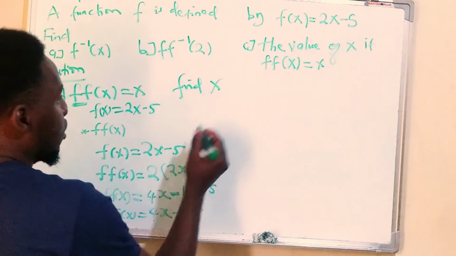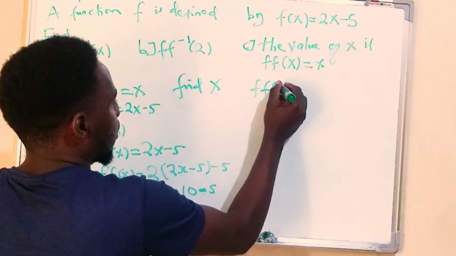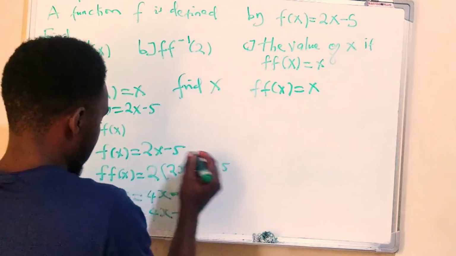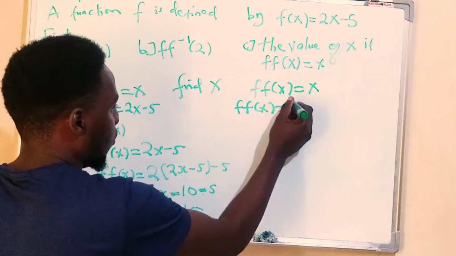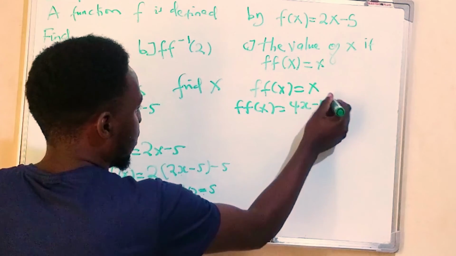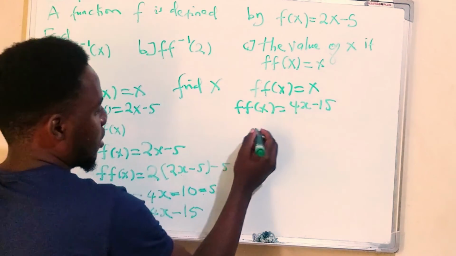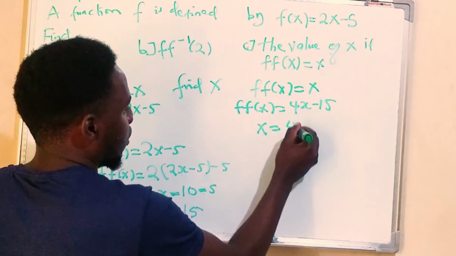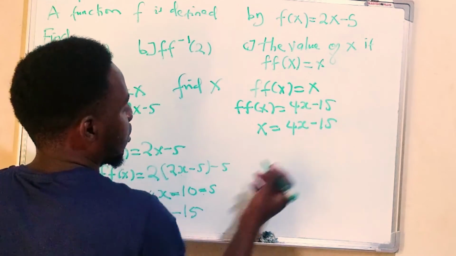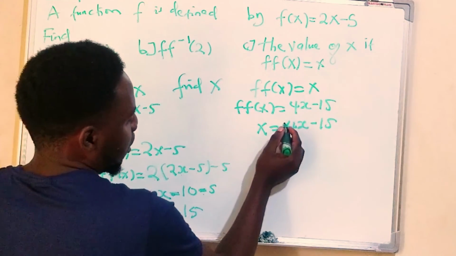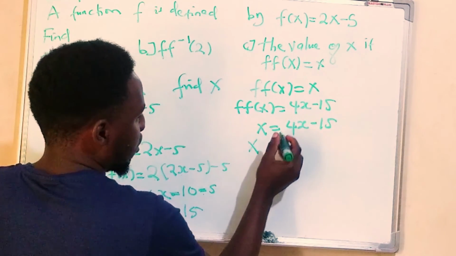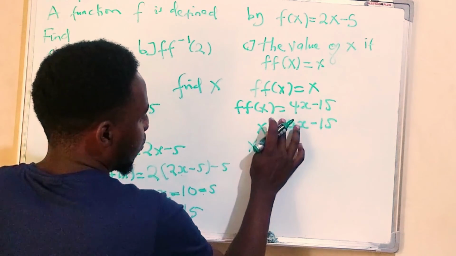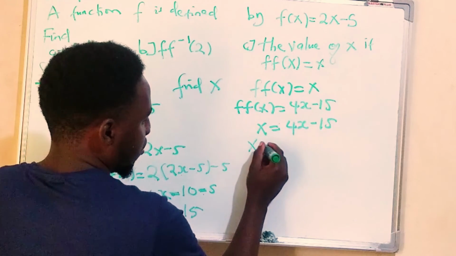Now they are saying f of f of x is actually equal to x. So where we have f of f of x is equal to 4x minus 15, we're going to replace this with x. We have x is equal to 4x minus 15. We take this positive 4x and bring it to this side. When a positive number crosses the equal sign, it becomes negative.